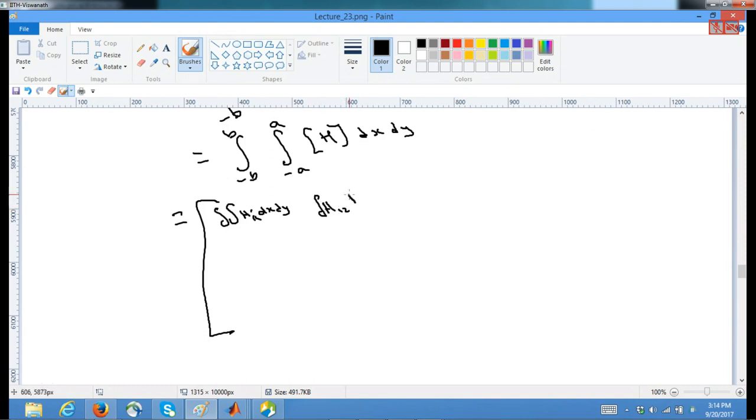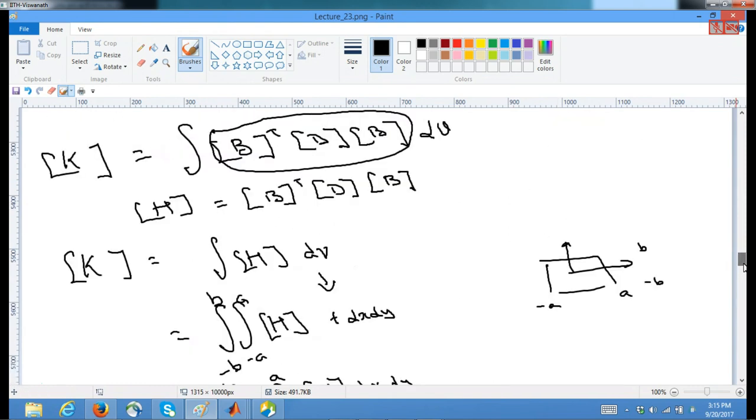So all the things are to be integrated with dx dy. So like that, the entire H matrix would be of the shape we'll start from.